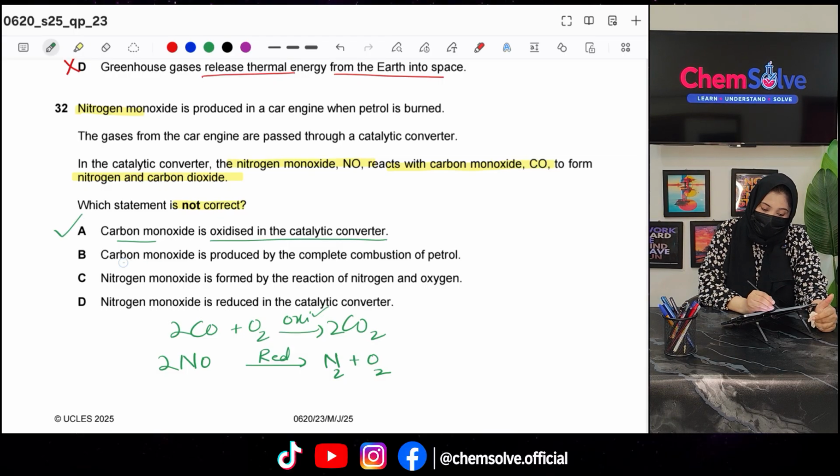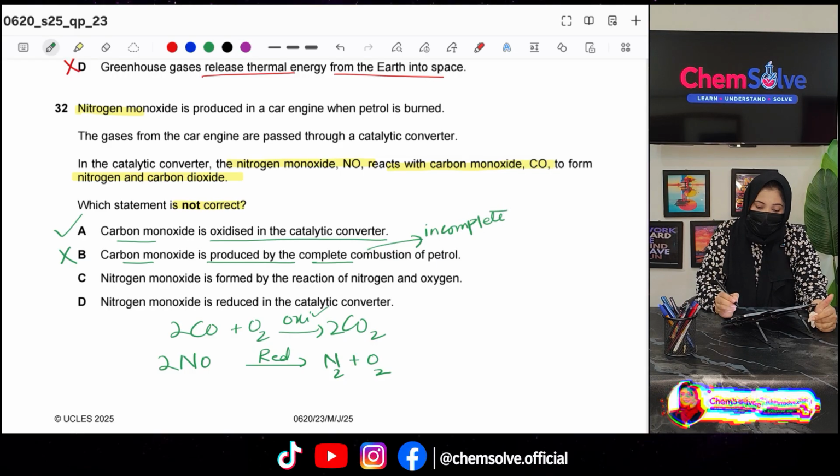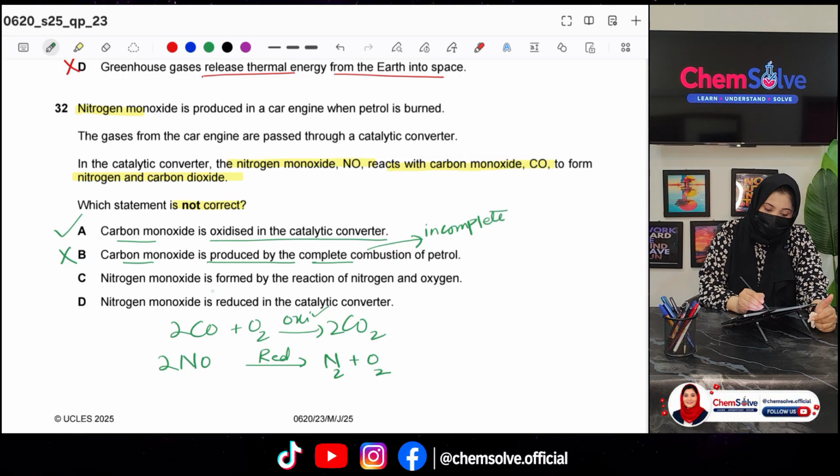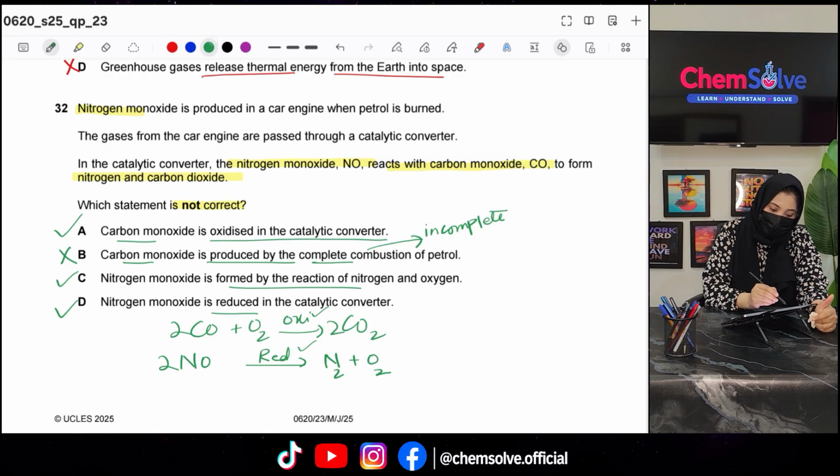Carbon monoxide is produced by complete combustion? No, carbon monoxide is produced by incomplete combustion instead. So this is not correct. Nitrogen monoxide is formed by reduction? Nitrogen monoxide is reduced. Yes, so this is also correct. So B is not correct, and this is our option.